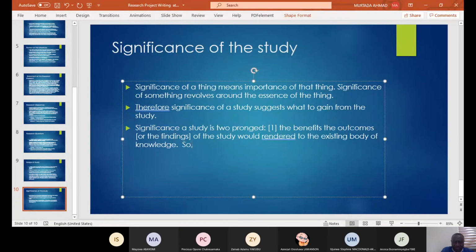So, findings of your research or outcome of your research.